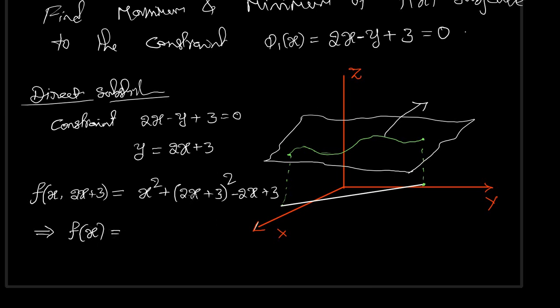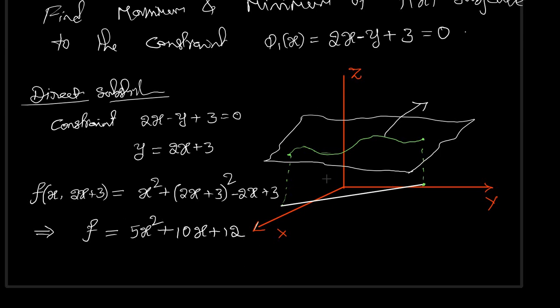Maybe you can do some simplification. After some simplification, I hope you can find it is 4x square plus x square, finally 5x square. So now finally after substituting the constraint function, f equal to 5x square plus, and here you'll have 6 into 2, 12, 12 minus 2, 10, that is plus 10x, and here you have 9 plus 3, 12, plus 12.